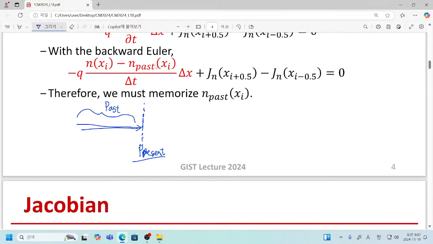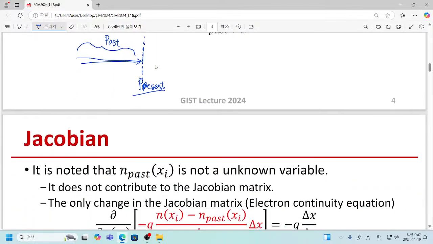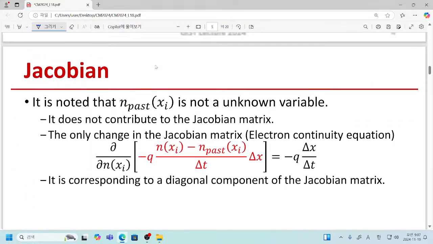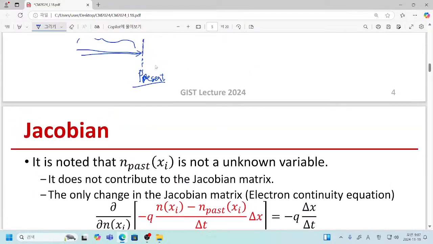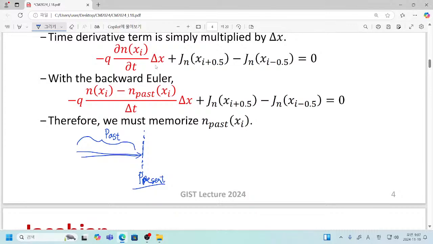Using this time marching scheme, it is quite easy to make this kind of discretization. We have to understand that n past is just a given number, so we do not have any contribution from this term.